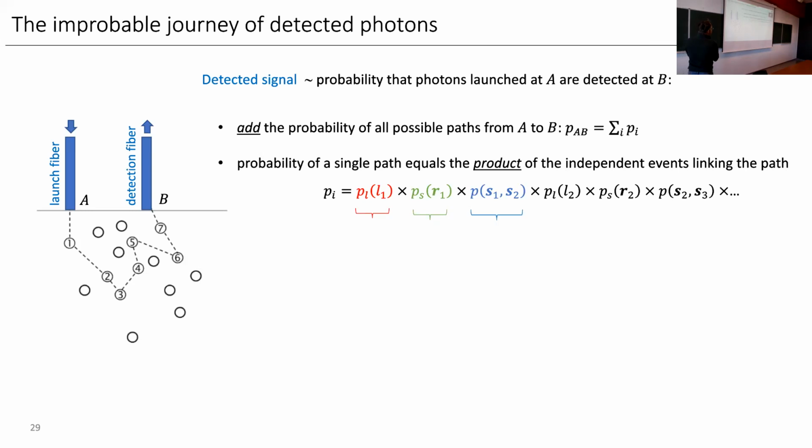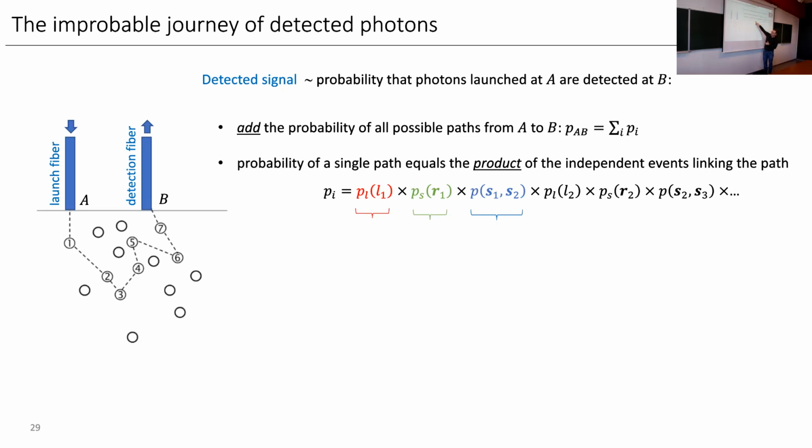So in case of this geometry, where we have one launch fiber A and the detection fiber B, the chain of probabilities would be as follows: the probability of traveling to site L, so that's the probability of step L1.